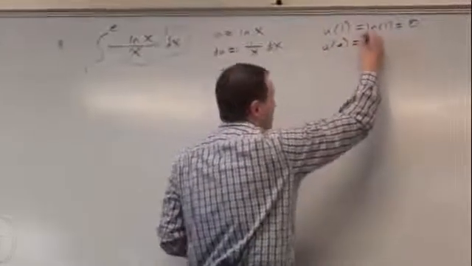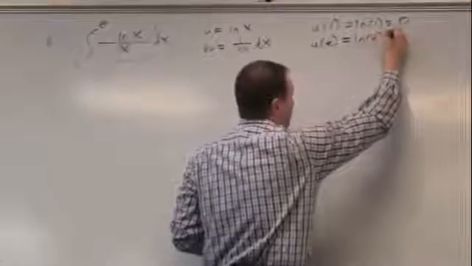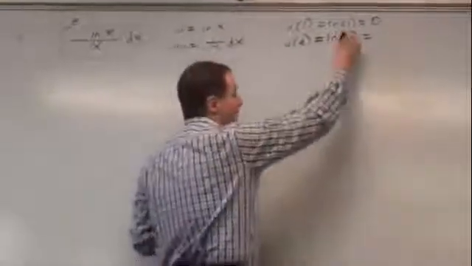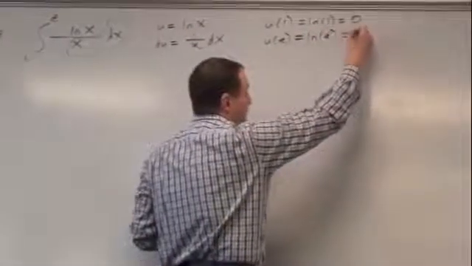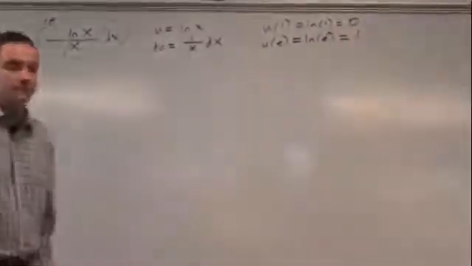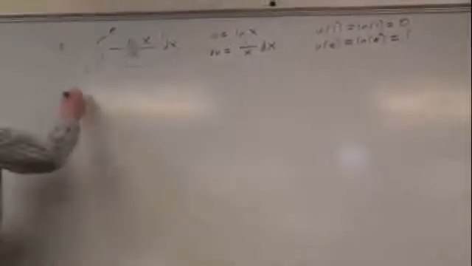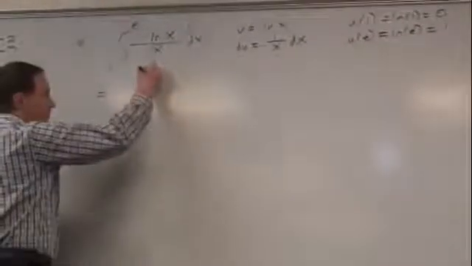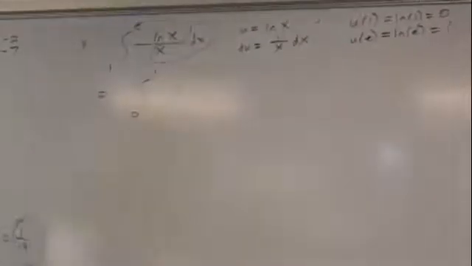U evaluated at e is the natural log of e. Natural log and e are inverse functions. They cancel one another out, and you're left with the exponent of that e, which is 1. So my new lower limit of integration is 0, and my upper limit of integration is 1.